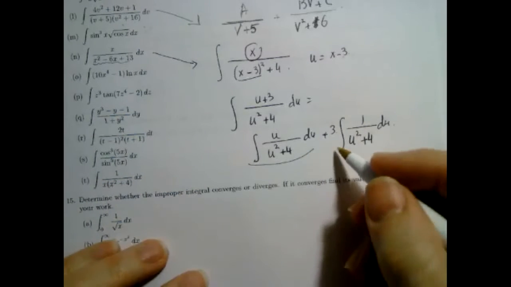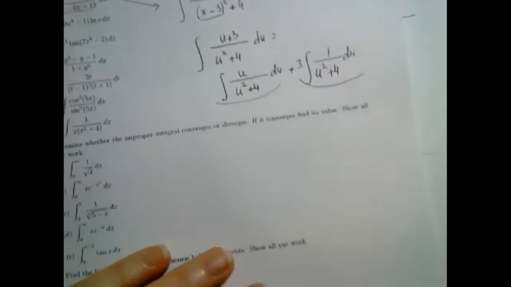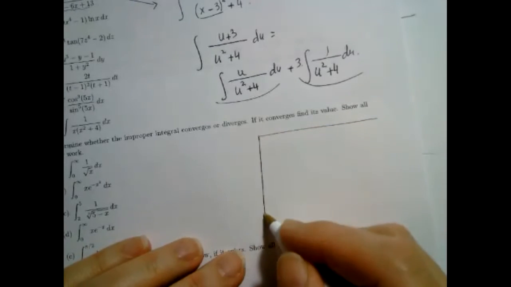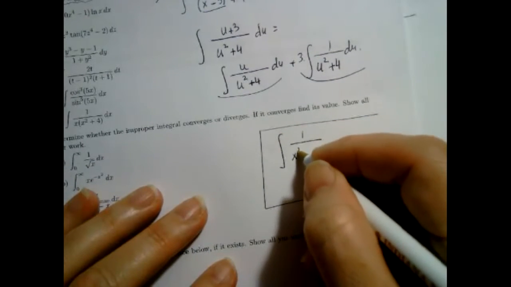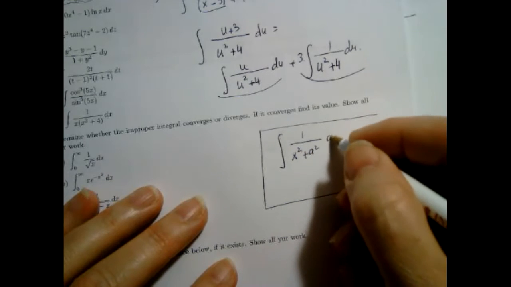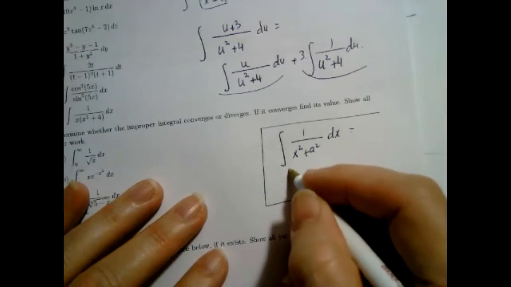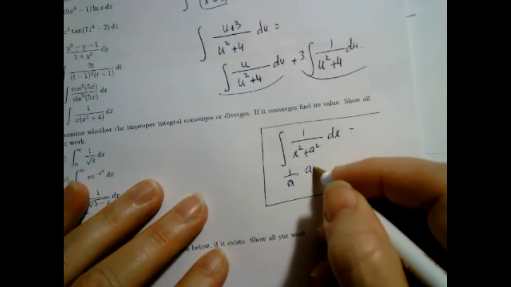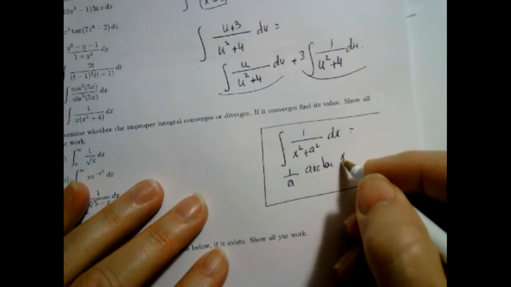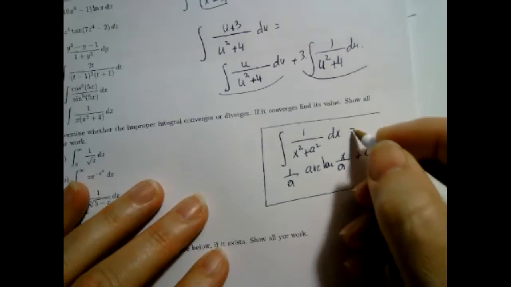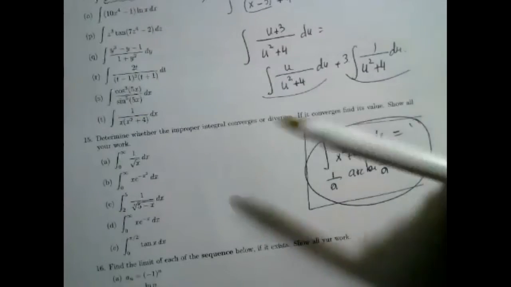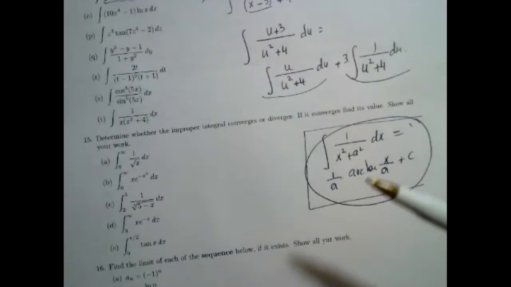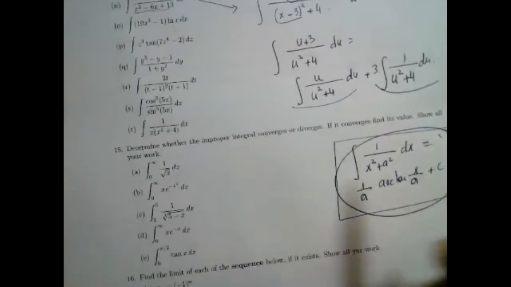This one, probably you forgot this formula, and that's the arctangent. So remember always, the integral of 1 over x squared plus a squared dx is 1 over a arctangent of x over a plus c. Okay. The rest you should be able to do.